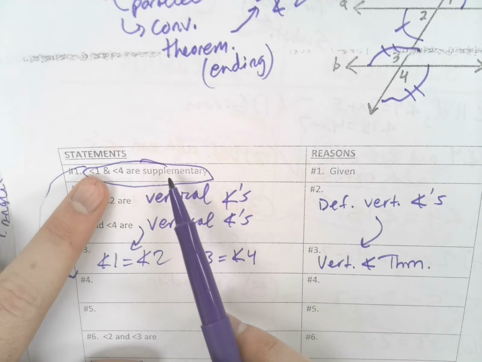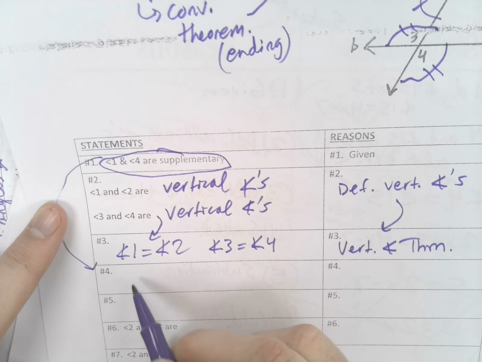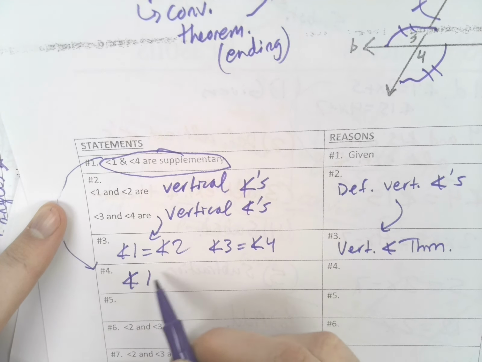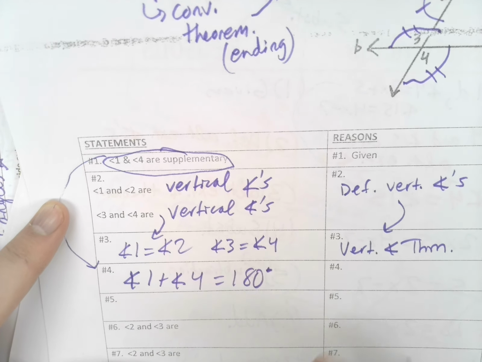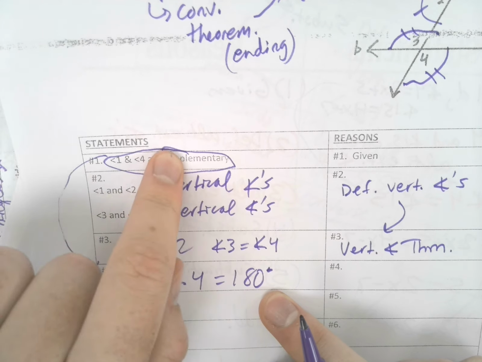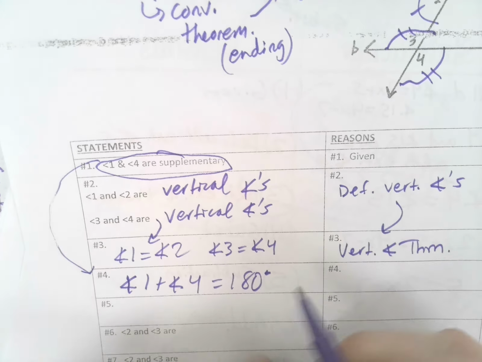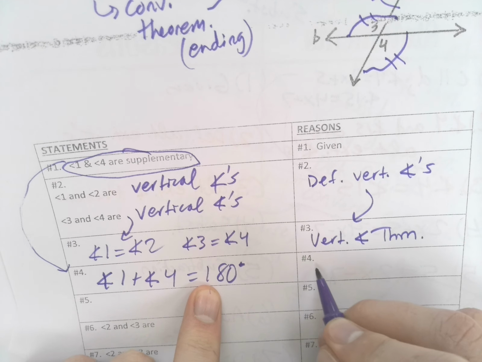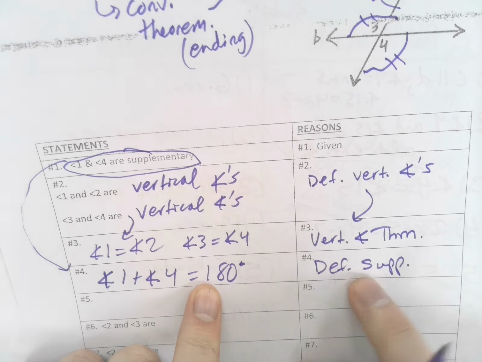So if they are supplementary, what does that mean? Well, that's going to mean angle 1 plus angle 4 is going to be 180. And we had these words that ended up leading to that math. So we're good with words to math. What tells us two angles add up to 180? That's the definition of sup.